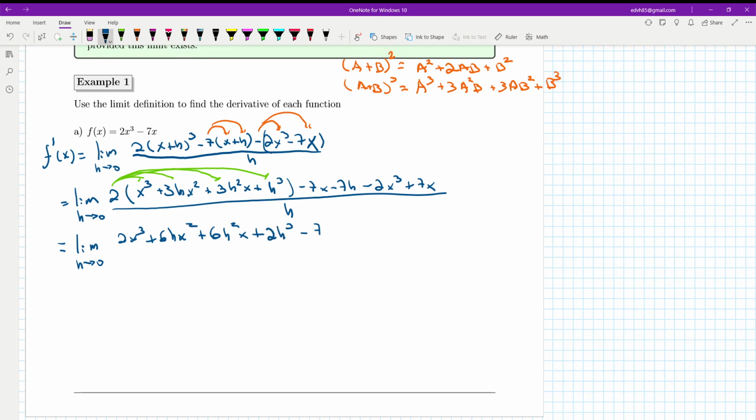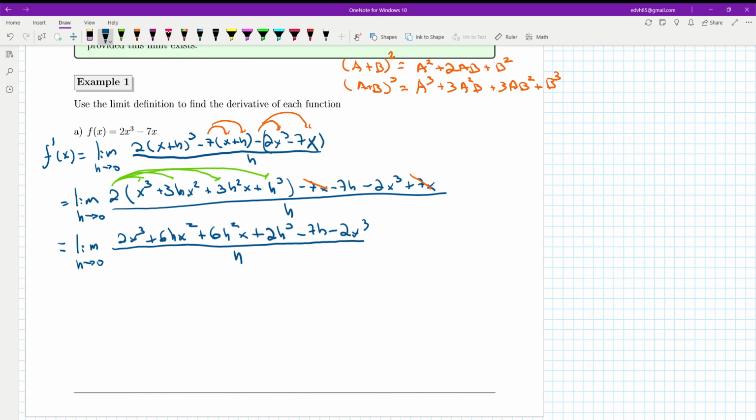Well, actually, we can start canceling terms. This one cancels right now, so we don't need to write this one anymore. And minus 7h minus 2x cubed, the whole thing divided by h.